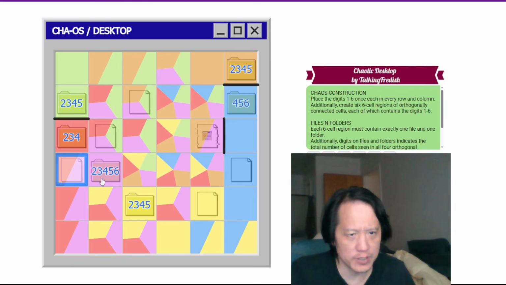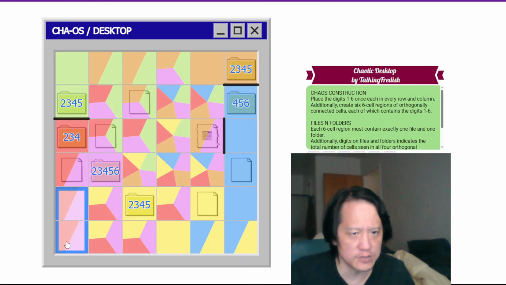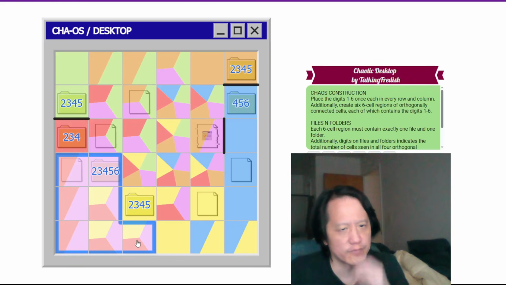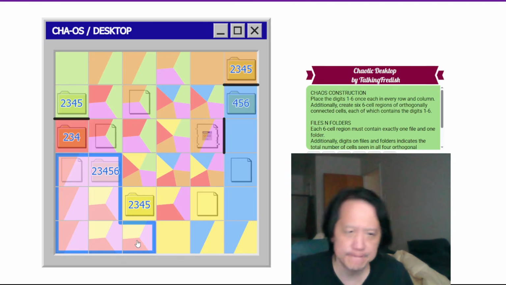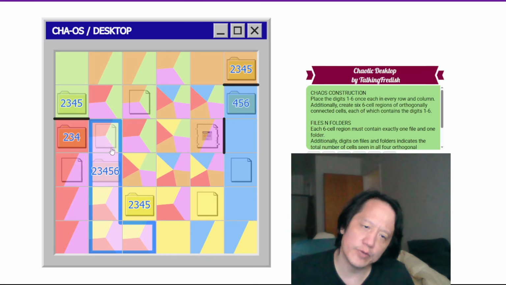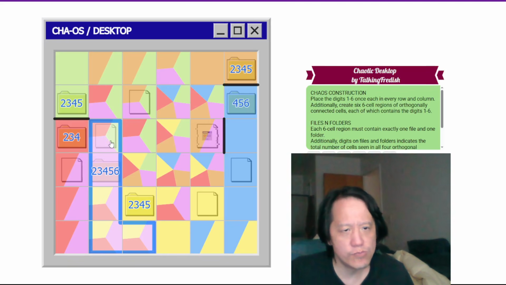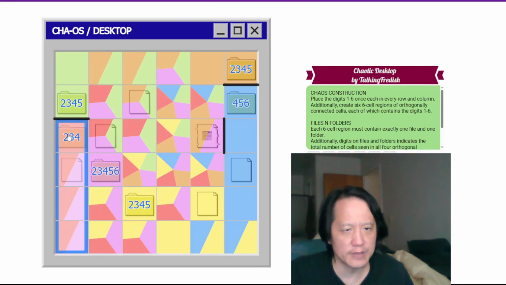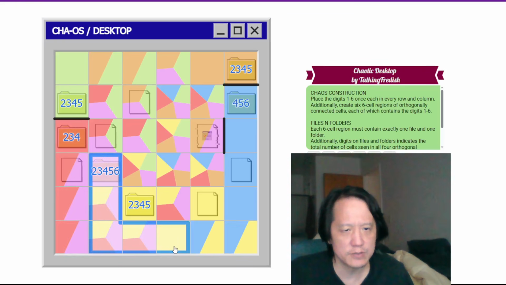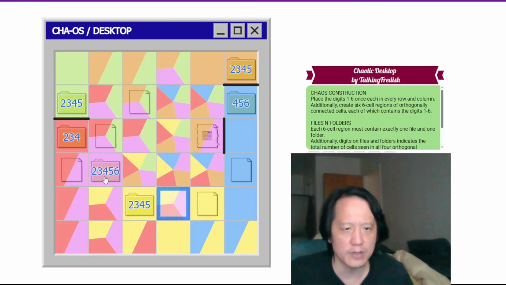We can't go pink here. That would force these to all just be pink, which is 7 pinks in a region. But we can't go this way. So red would have to go here, but then it's only 4 cells as a region. So I don't think this can be pink.